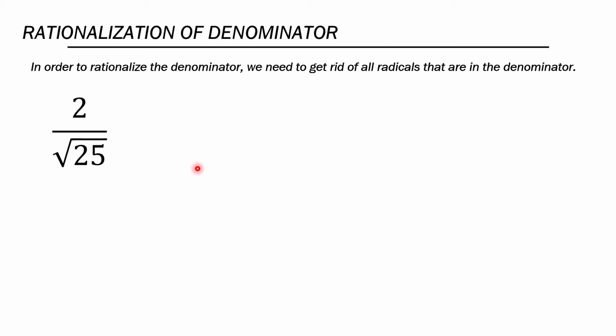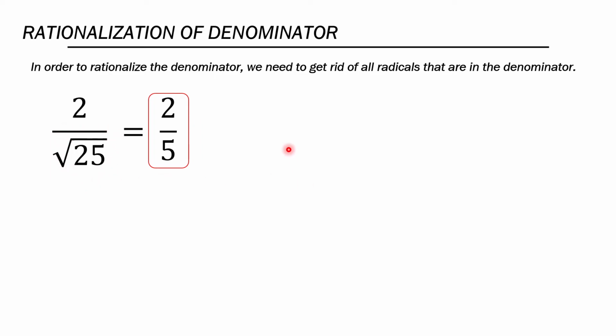So, 2 over 5 because square root of 25 is equal to 5. So, this is our answer because, tingnan nyo yung denominator, wala na tayong radical. Ito yung purpose natin. Dapat mawala yung radical sa denominator. So, in this case, mas madali kasi perfect square yung 25.